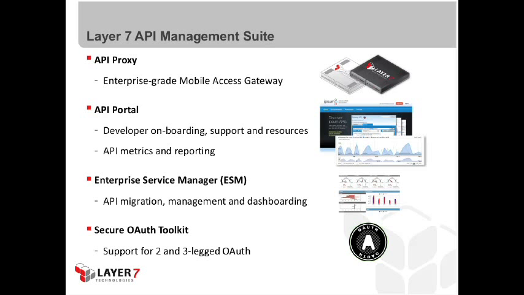So in addition to this API proxy layer, which is the mobile access gateway, we have a portal solution that allows developers to discover what APIs are out there and learn about the methods for accessing them, including what types of security need to be marked up on these, what resources are available in the APIs, what methods I can call, what data I'm going to get back, and what formats are available.